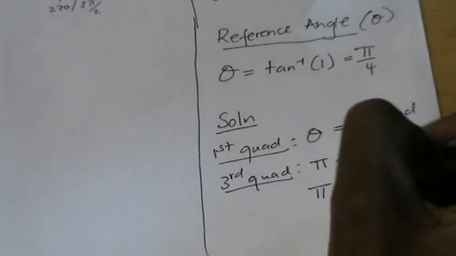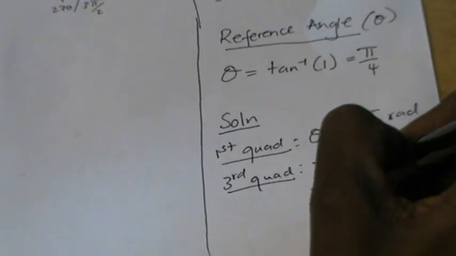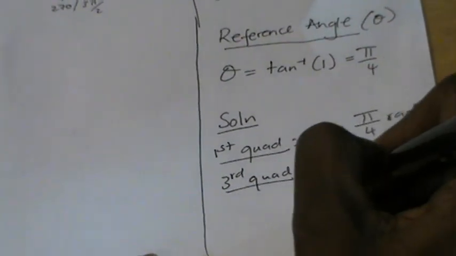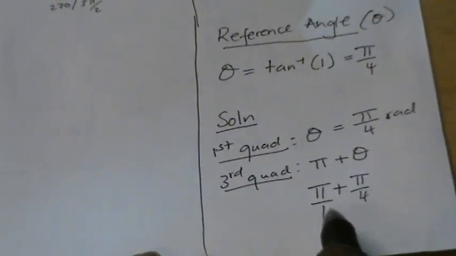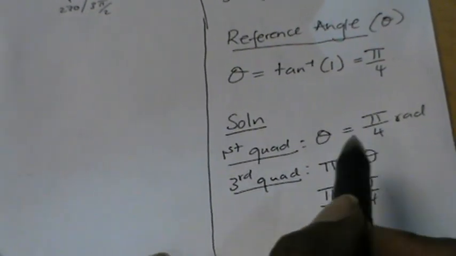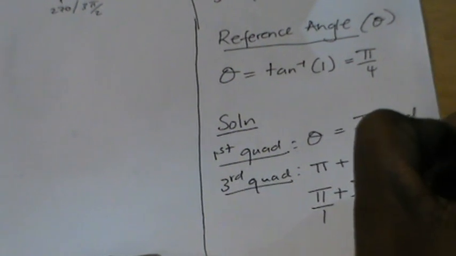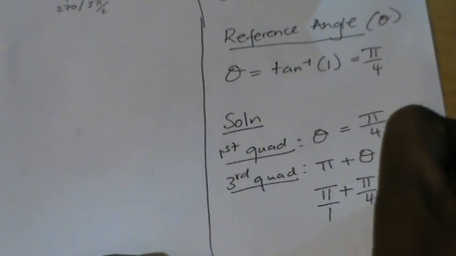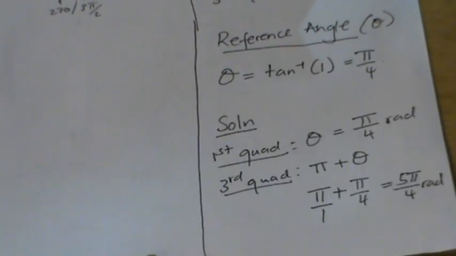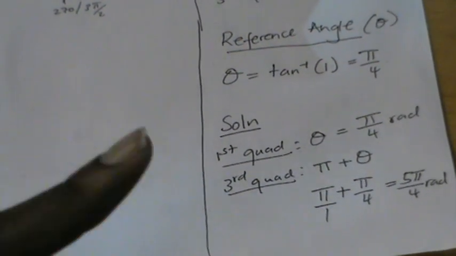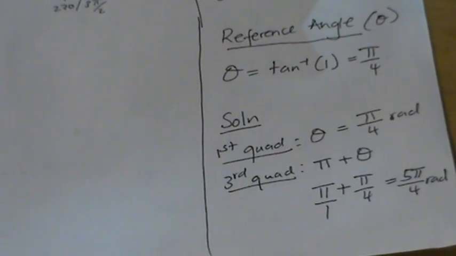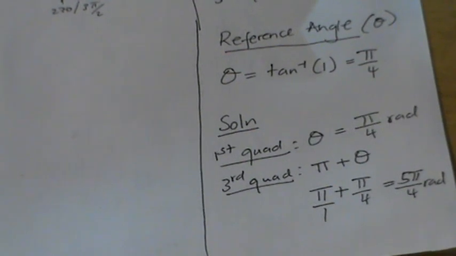So I have pi plus pi over 4. This is just fractions that you work out. You have pi over 1 plus pi over 4. You change the denominators so that they are the same, and you should get 5 pi over 4 radians. Okay, so we're done with both parts of the equation.